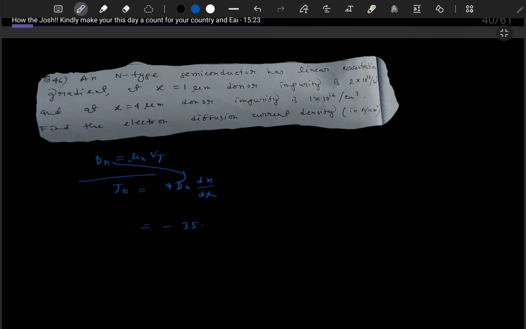You can put dn here. From there we can get this one actually.